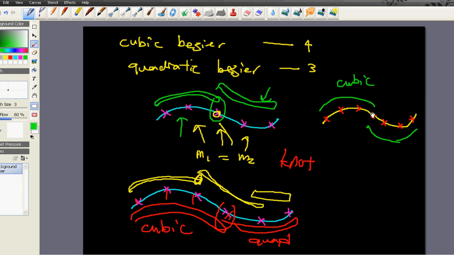So this is a cubic Bezier to interpolate this part of the arc, and for the second part of the arc you use a cubic also. Of course, some of you with sharp eyes will realize you can also use 3 quadratic Beziers to interpolate this, keeping it as 3 different splines.